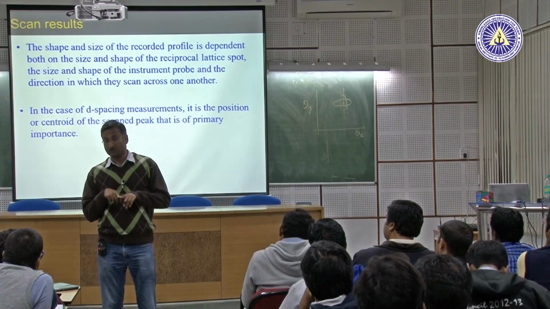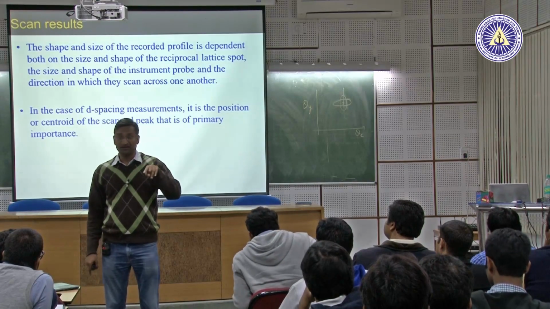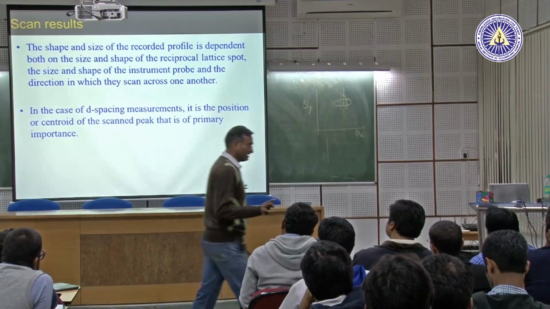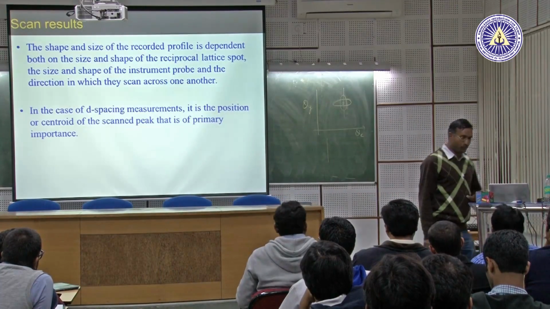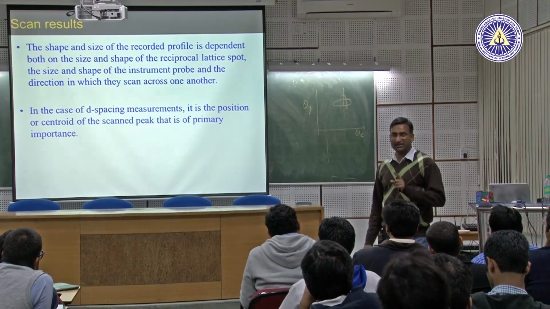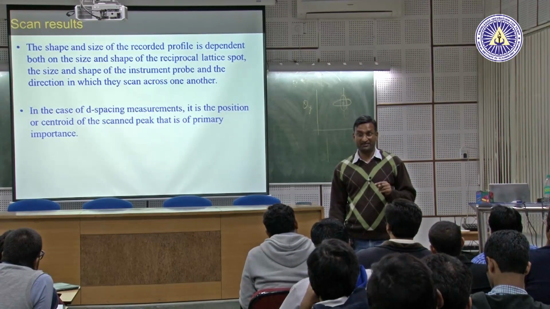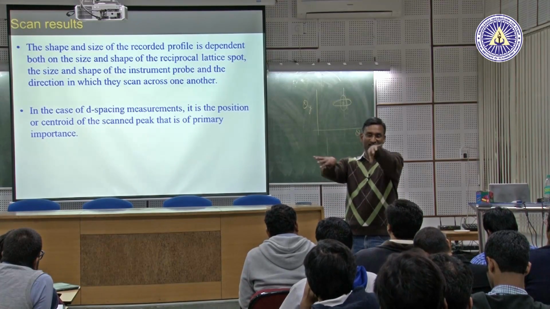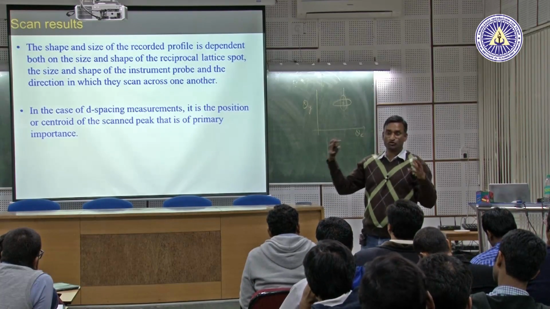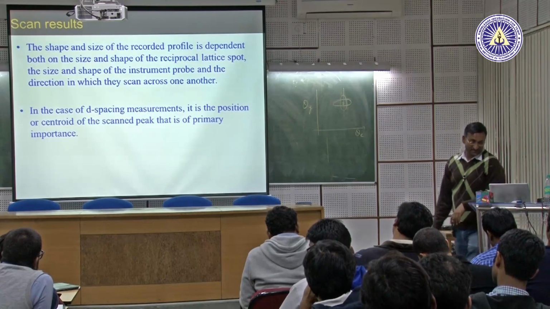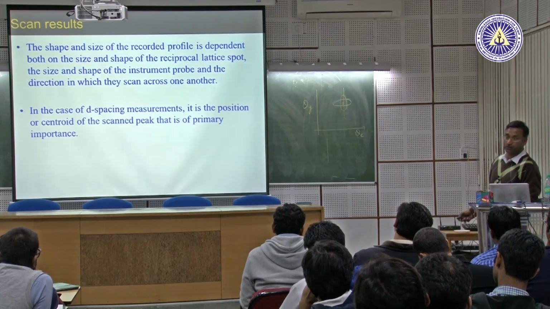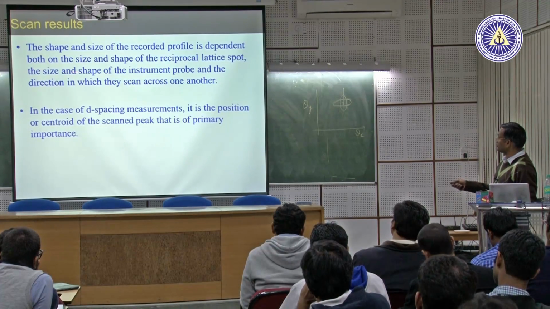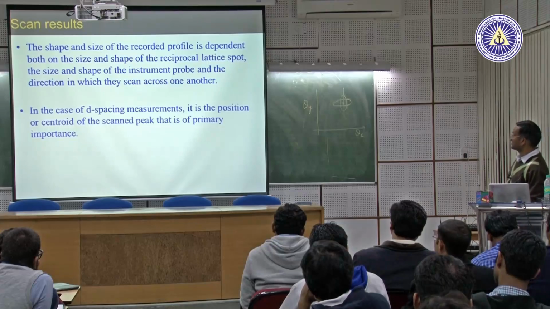It could be because of the monochromator crystal, it could be because of the beam spread, a lot of other things. So it is often important to use very good X-ray optics when you want to analyze this kind of data, so that you minimize the extraneous contribution of the instrument relative to the sample. As a result, it's very important to use high quality monochromators and high quality analyzers, so that you minimize this instrument probe size and shape effect.